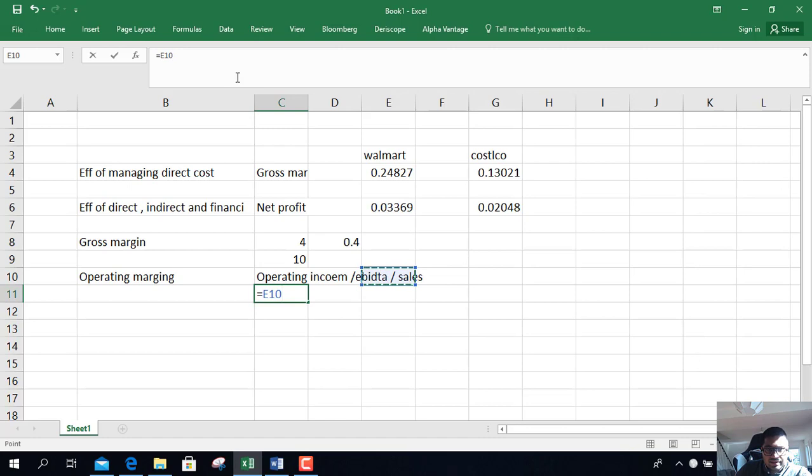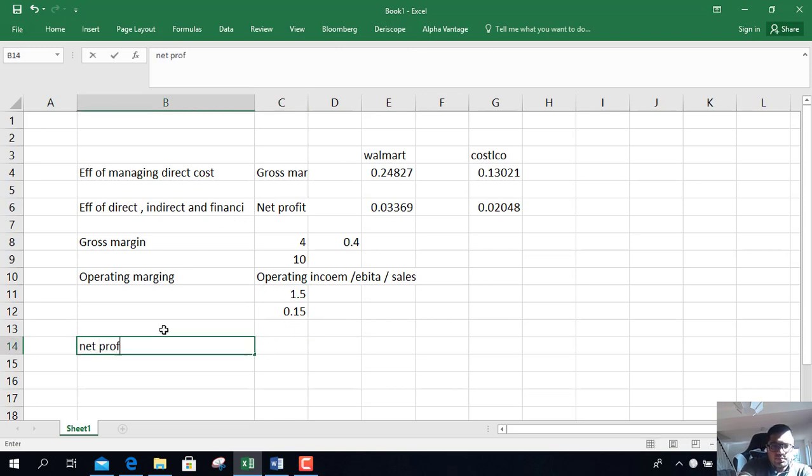So it is EBIT, not EBITDA. Okay, so it is 10 minus 6 minus 0.5 minus 1 minus 1, divided by 10. So it is 15%. Operating margin is 15%.